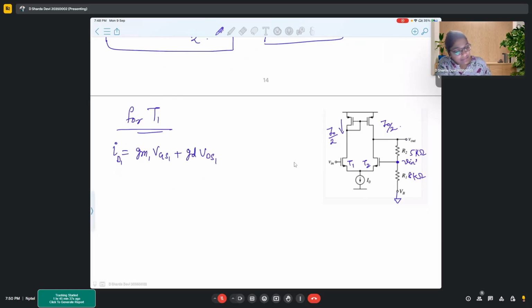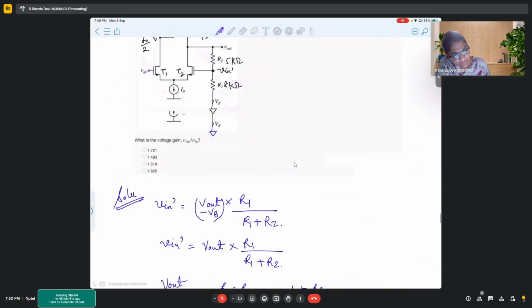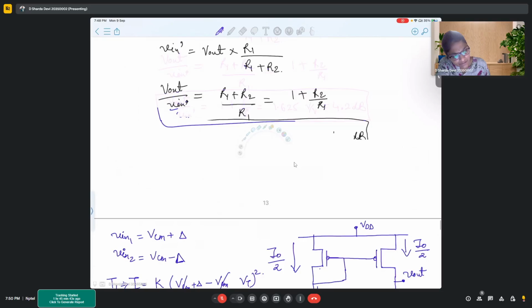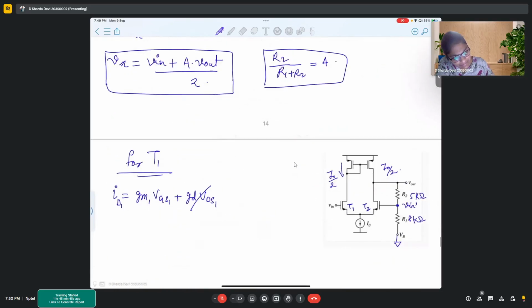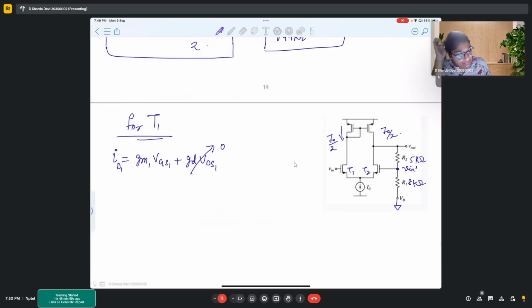Since lambda is not given in the problem, there was no lambda mentioned, we'll neglect this gd and write it as gm into VGS1. So ID1 is gm1 into Vn minus VS1.